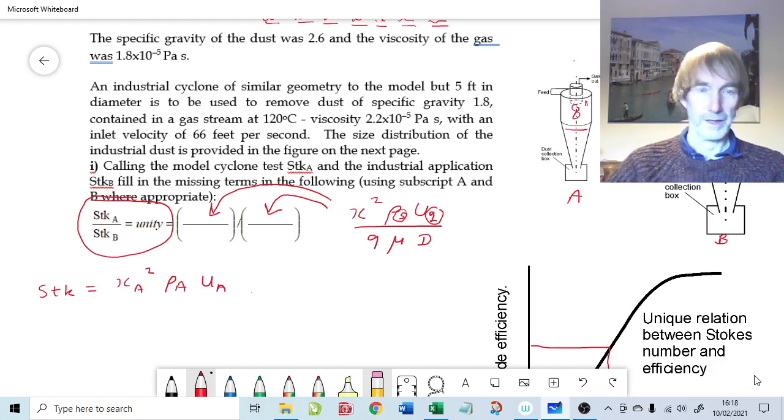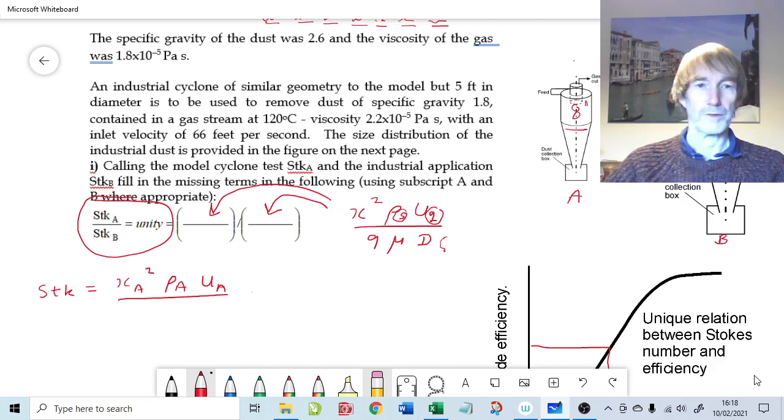And obviously I could put these collections here underneath, but hold on a minute, we are dividing, so rather than do that, let's make this into ratios, because we want the Stokes number to be the same.